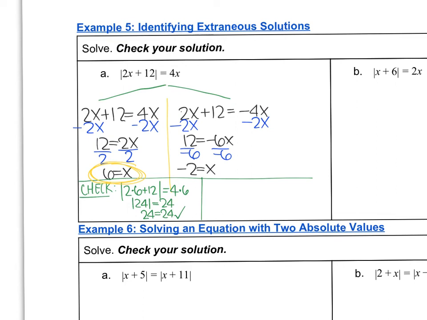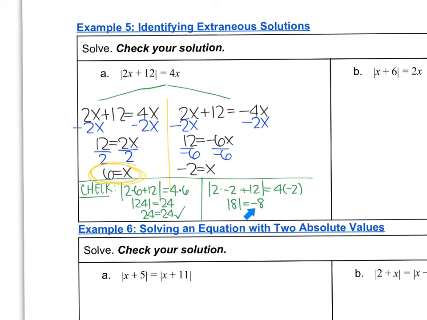Let's check the other one. So it'll be the absolute value of 2 times negative 2 plus 12 equals 4 times negative 2. This is negative 4 plus 12 is 8. So it's the absolute value of 8 equals 4 times negative 2, which is negative 8. We talked about this earlier.